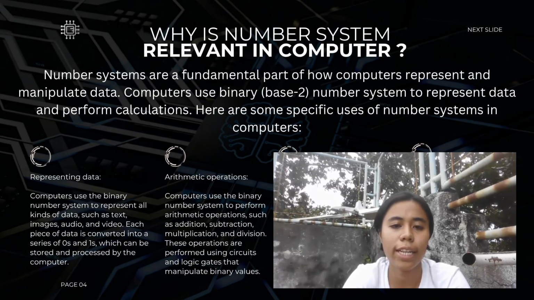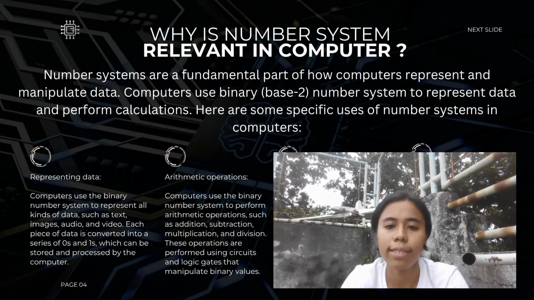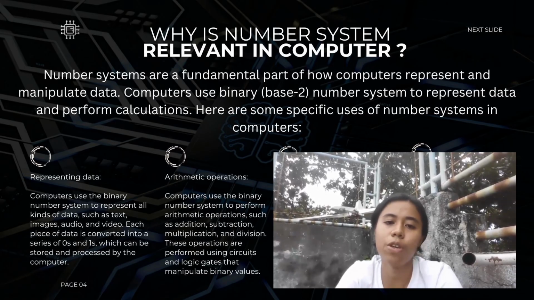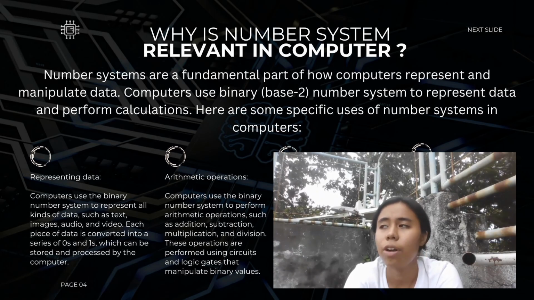Good afternoon, everyone. I am Arlene Dicozon, and I will be the one to discuss why the number system is relevant in computers. The number system is relevant in computers because it helps them process, store, and understand data. Computers use numbers, especially binary like 0 and 1, to perform all operations and run programs accurately.